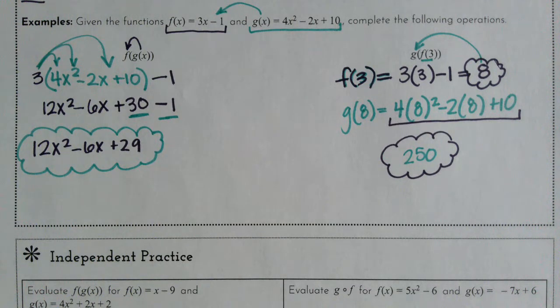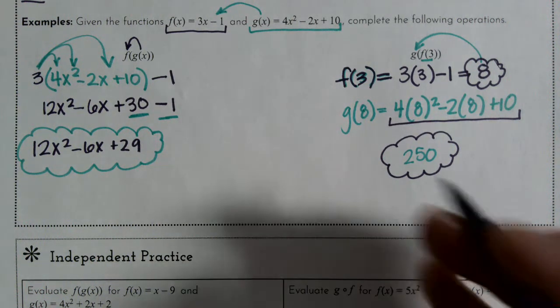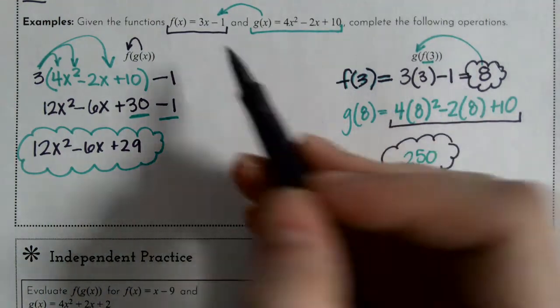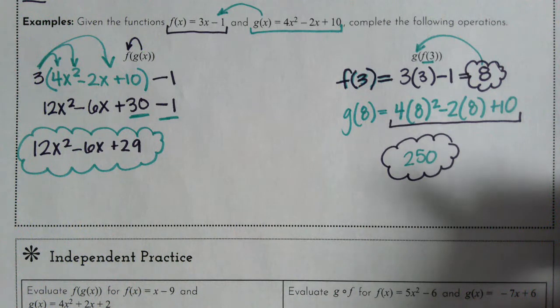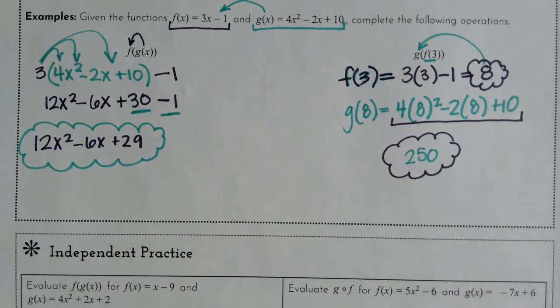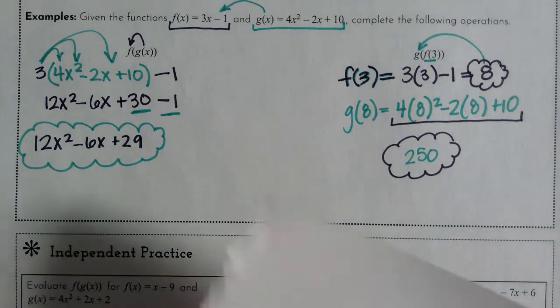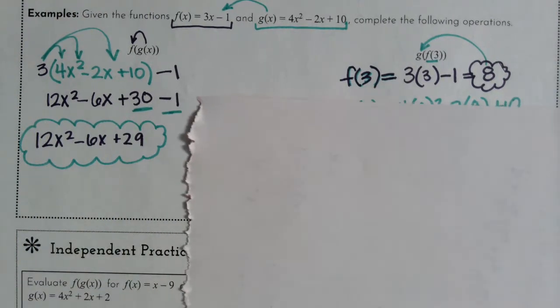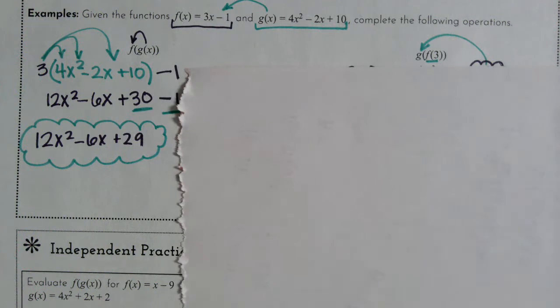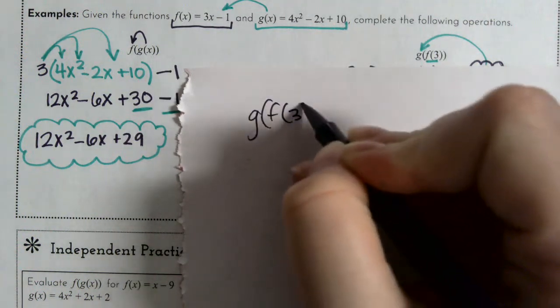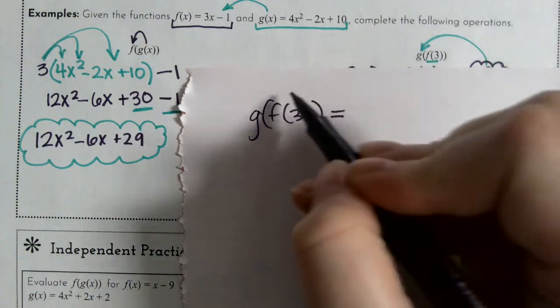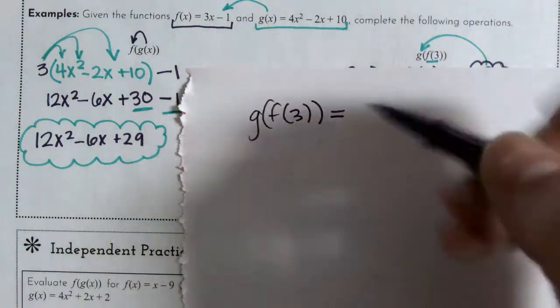In theory, you could also set it up where you plug in 3 for f and then you plug f into g. It just looks really, really complicated. Let me show you what it would look like. If I wanted to plug it in, g of f of 3 would mean take f and put it into g.